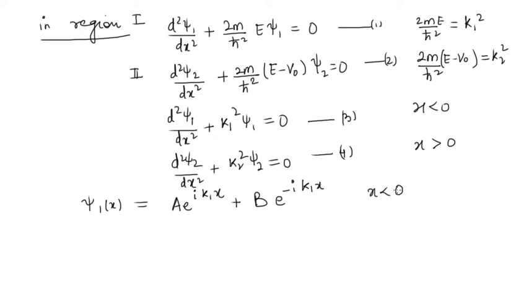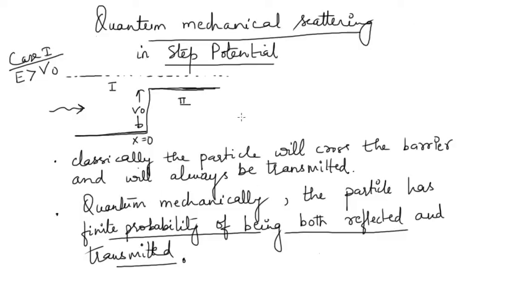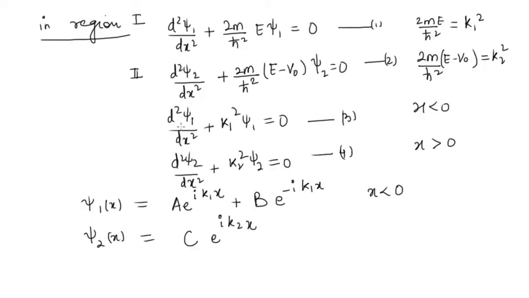What is k1? Square root of 2mE upon h cross square. And psi 2 x will be c e to power i k2 x. I will not have any coefficient with e to power minus i k2 x because in my problem here there is no boundary, nothing to get reflected. Okay, so my solutions are these.